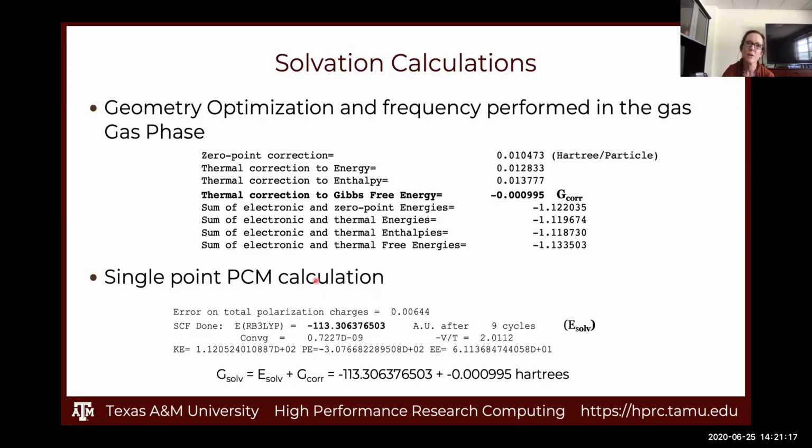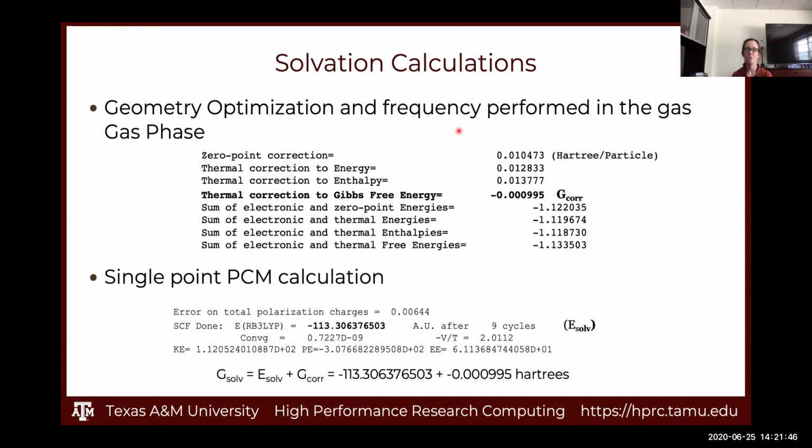Okay, so if you do a solvation calculation, if you do a geometry optimization and frequency with the solvation involved, it's pretty easy to pull the results out. But more often than not, you're doing a geometry optimization and frequency calculation in the gas phase, and then adding on a correction for the solvation effect. And that's because geometry optimizations in solvation take substantially longer.